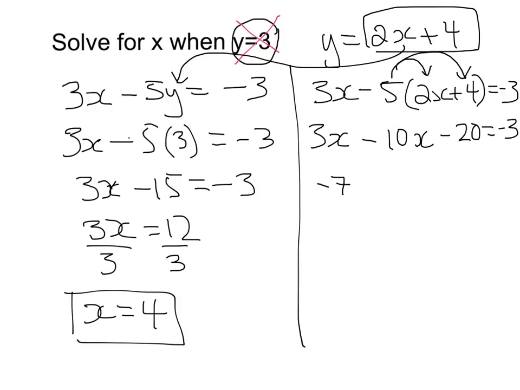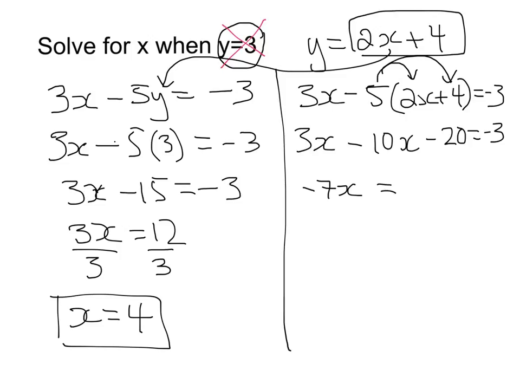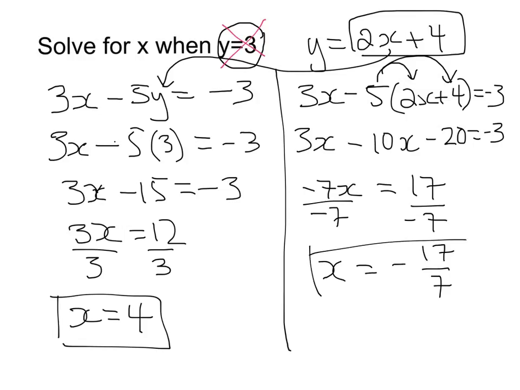So we get negative 7x equals, move that negative 20 over, so we get 17, and then divide both sides by -7. So x is equal to -17/7. Alright? So that's what that would be if y was equal to 2x plus 4. Alright, so that's just a simple concept that you just have to understand, and from there, we'll be able to go on to the next step.